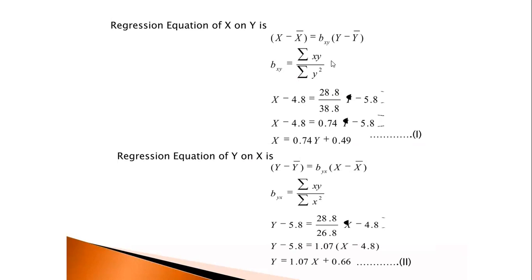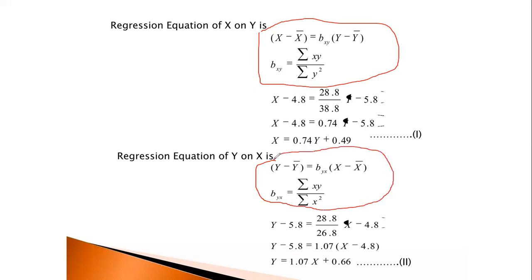So remember this formula. If x on y is asked using the arithmetic mean, then we have to use this. If it is y on x, we have to use this formula. So this is x on y, and this is y on x.